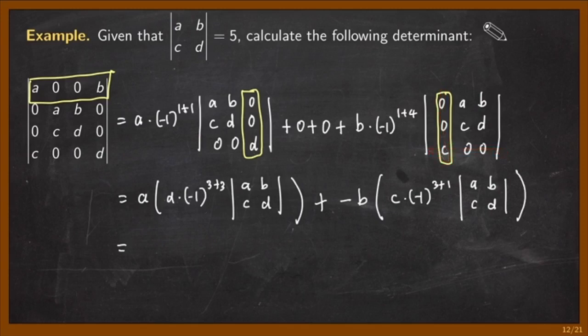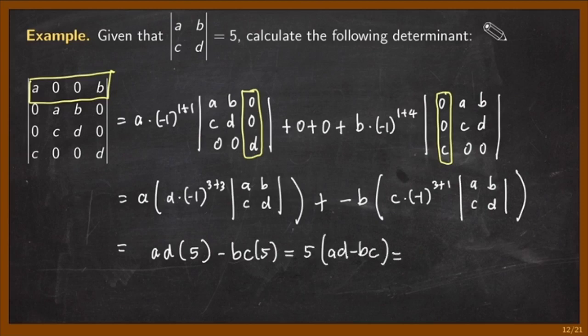So you can see this is just AD times 5, because this determinant is equal to 5, minus BC times again 5. So this is 5 times AD minus BC.